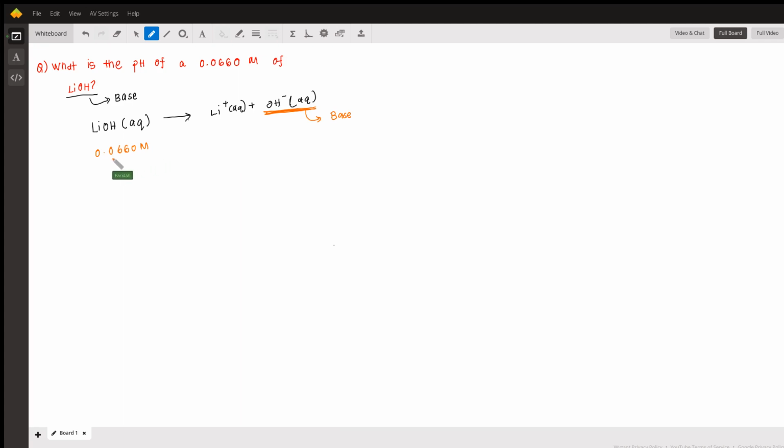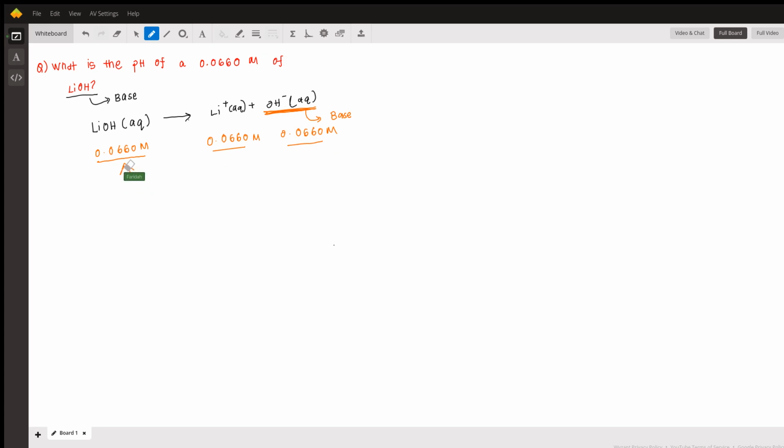So if you have 0.0660 of lithium hydroxide, you're going to produce 0.0660 molar of lithium cation and also 0.0660 molar of hydroxide. Some of my students might get confused: isn't it supposed to be that when we add these two numbers, it gives this one? But no, that's not how it works.